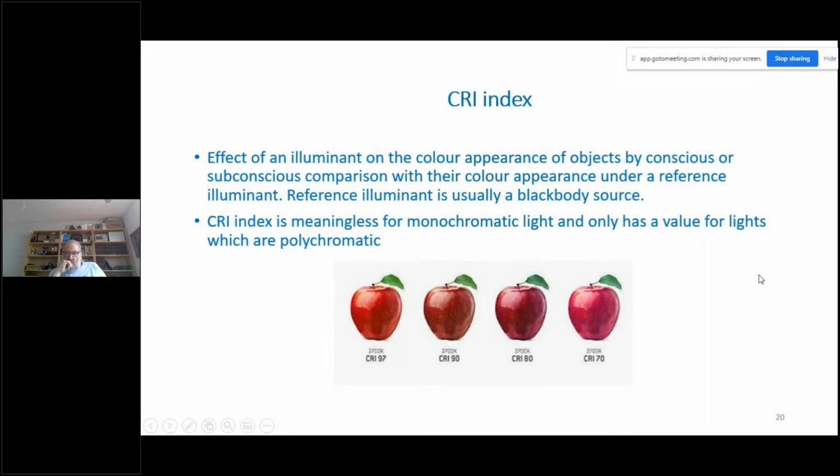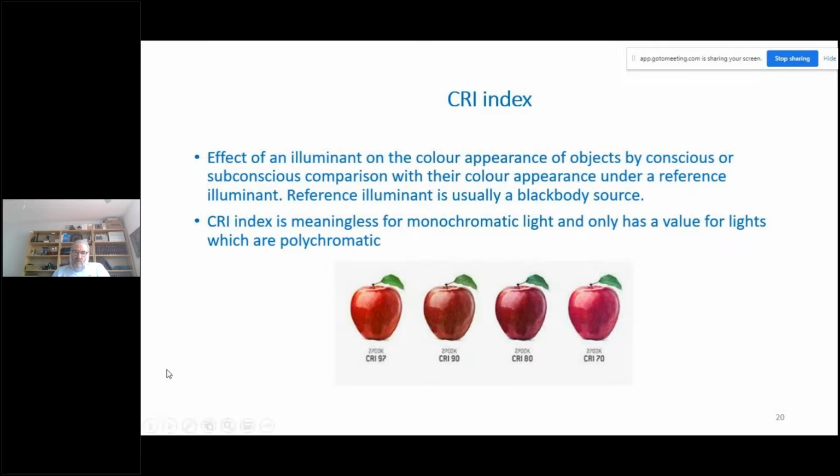Then we go to the CRI index. CRI will show you how effectively a light source could bring out the true color of an object. If you hold a red apple in the sunshine, you can see its true red color. But if you hold the same apple under, say, some kind of fluorescent lamp or a high pressure sodium lamp, you won't see its true color.